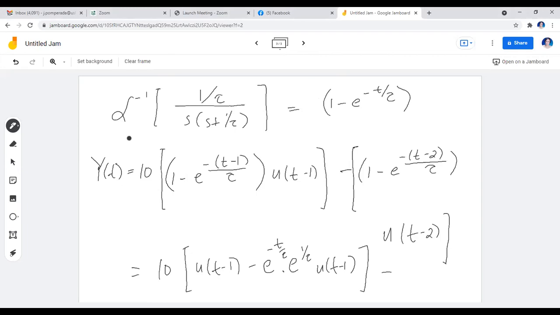It will be an expansion similar to this, but instead of writing e raised to 1 over tau, in this case, this would be now e raised to 2 over tau. Because if you're going to apply the rules of exponent, here you will have negative t over tau, and you will have positive 2 over tau for the second e. So the second term, same as this one, only that will differ in this part here, okay?